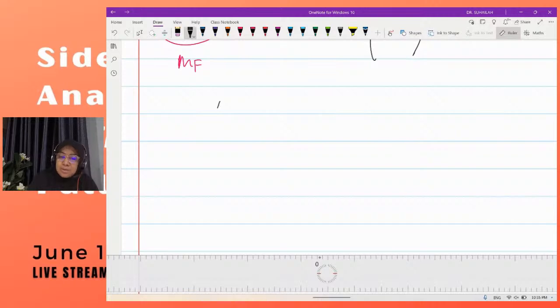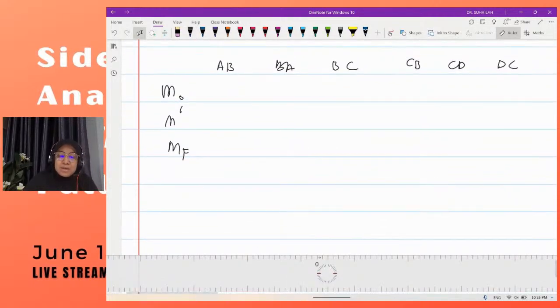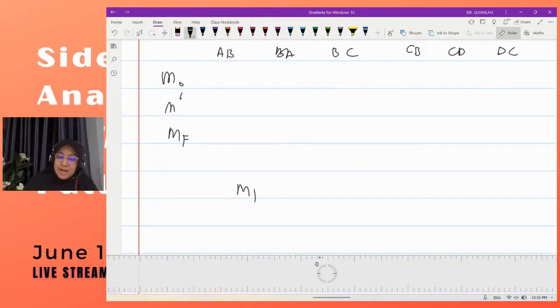So list all the end moments: AB, BA, BC, CB, CD, DC. So you have M naught and M prime. This is M final using the equation: M final is equal to M naught plus R divided by R prime times M prime.